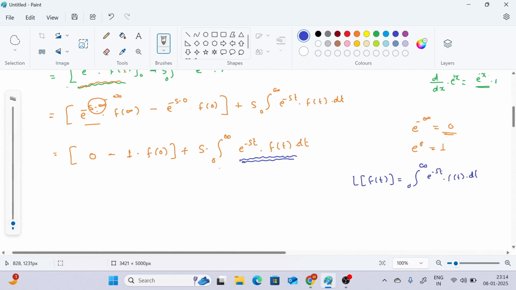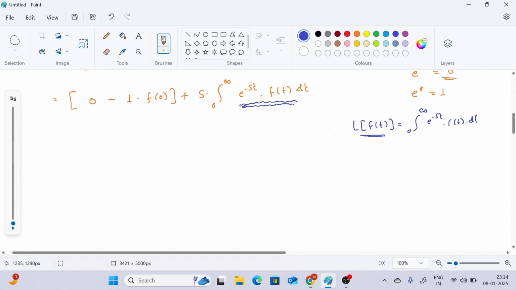So at this place, I'm going to write Laplace f of t. So what can I get here? Minus f of 0 plus s into Laplace f of t. I'm just rewriting this term: s into Laplace f of t minus f of 0.